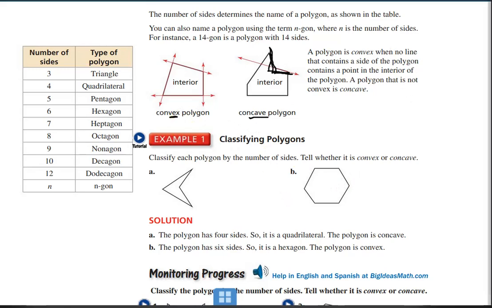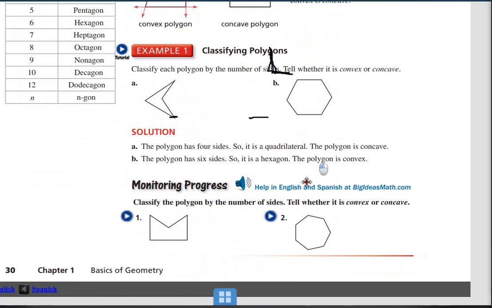All right, let's clear the screen and look at the next stuff here. Oh, I need to turn the page.